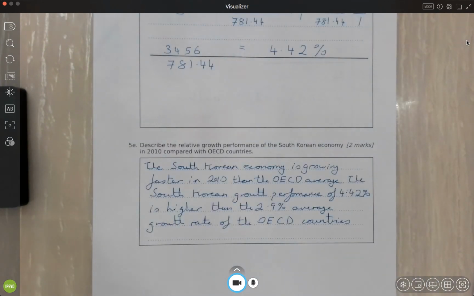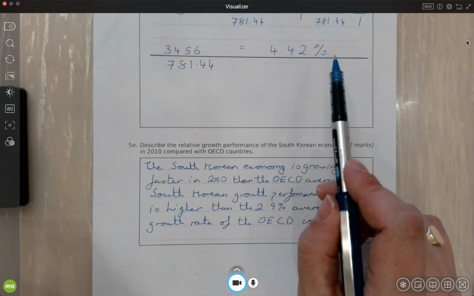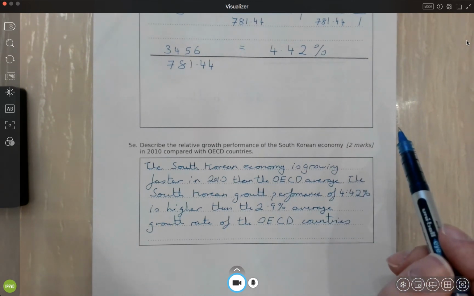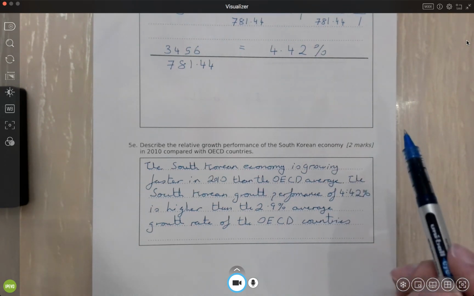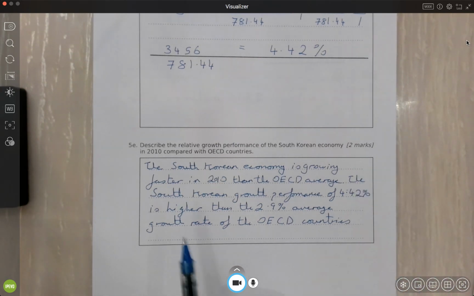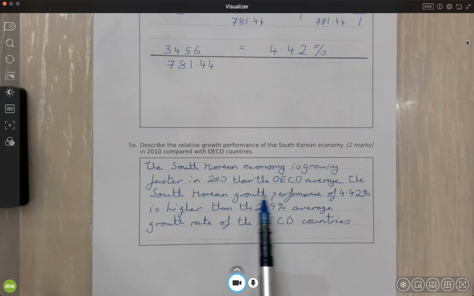Now, what did we find in our answer? Well, we found that South Korea grew by 4.42. Now, lads, for questions like this, you have to refer to the data. You have to refer to the data. So what we can see is the South Korean economy is growing faster in 2010 than the OECD average.